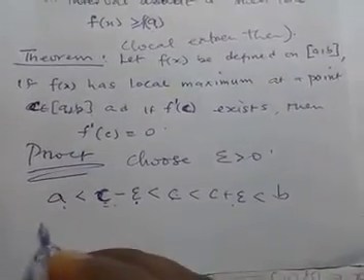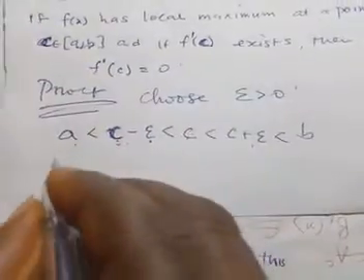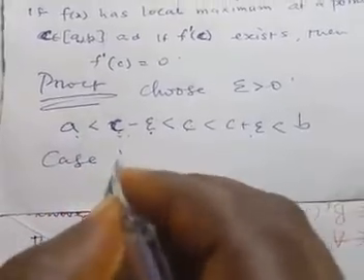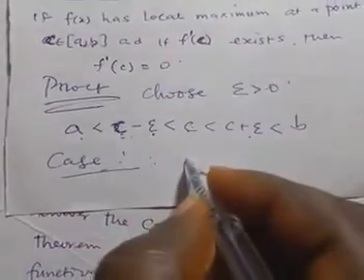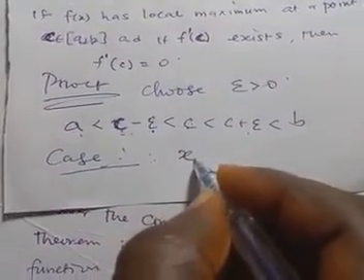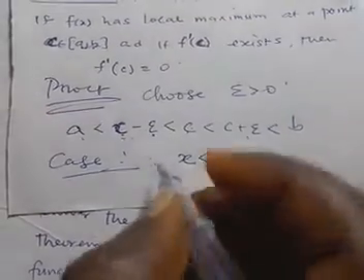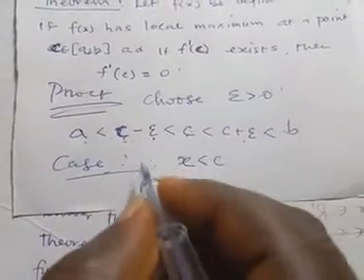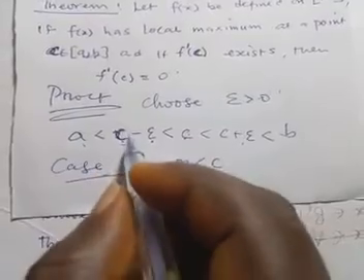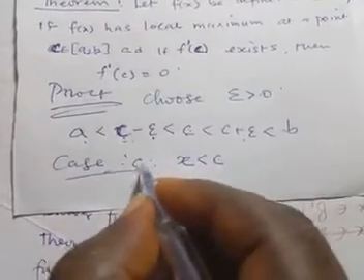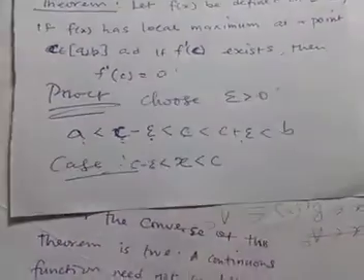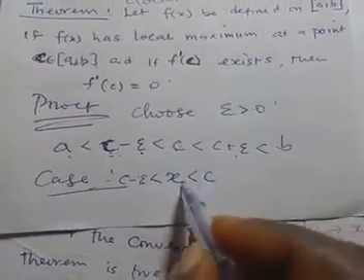Now, two cases arise. In the first case, we consider x less than c, and c is less than c plus epsilon. Now, let's consider a case whereby s is less than c.